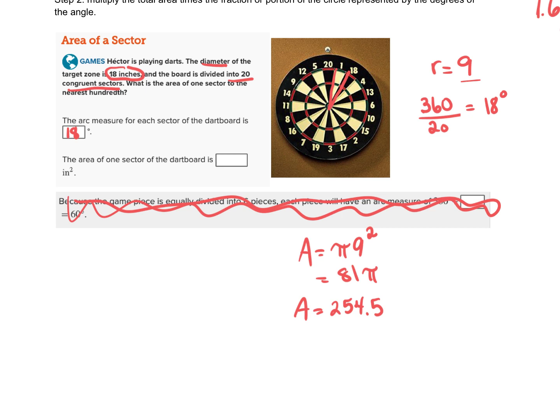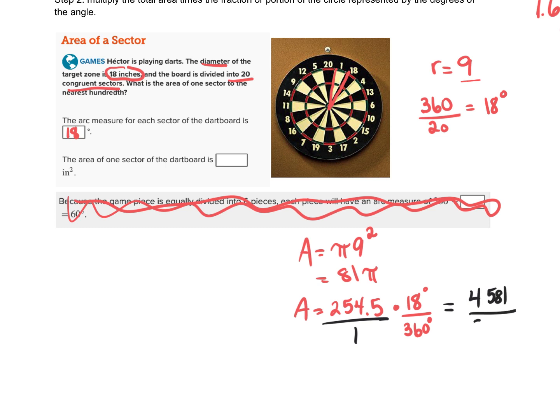So that's the total circle, the total dartboard. Now I'm going to multiply this by just the single sector that I want to look at, which is represented by 18 degrees of the total 360 degrees. Put this over 1, multiply straight across. 254.5 times 18 gives me 4,581.